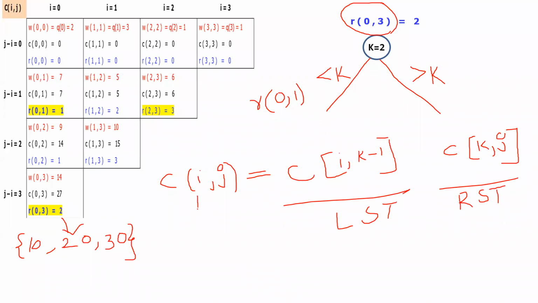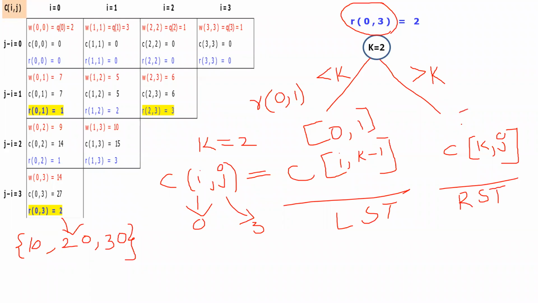So if i is 0, j is 3, C of i, k minus 1. K is here equal to 2. So the left subtree will become i, k minus 1, so it is R of 0, 1. What will be the right subtree?